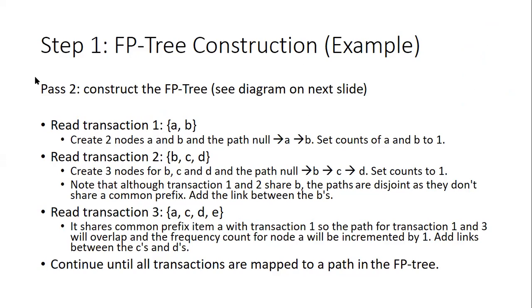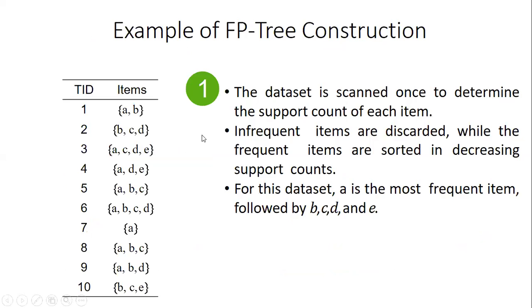So what we have to do in pass two is construct the FP tree. To make the construction of the tree easier, there is one thing you have to remember. I'll show you in the slide.